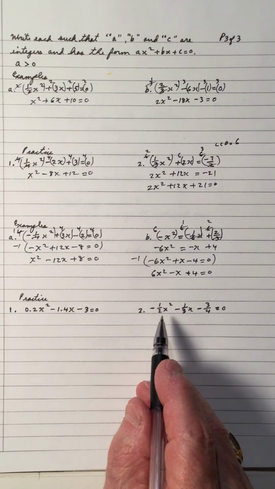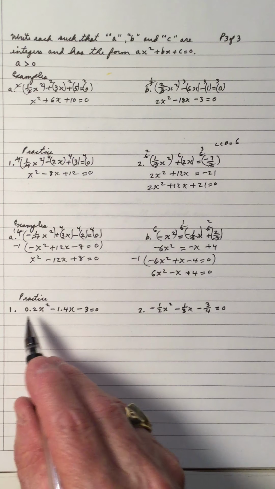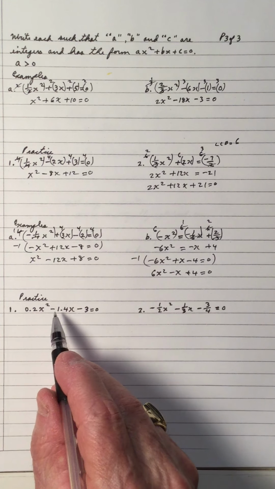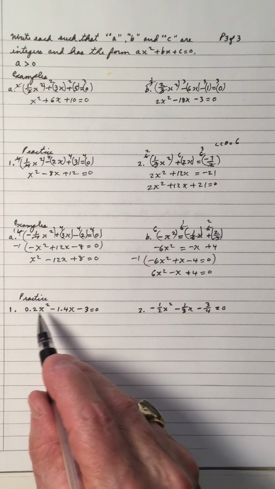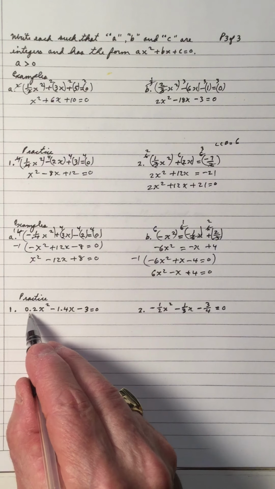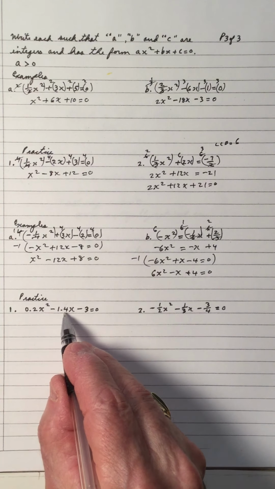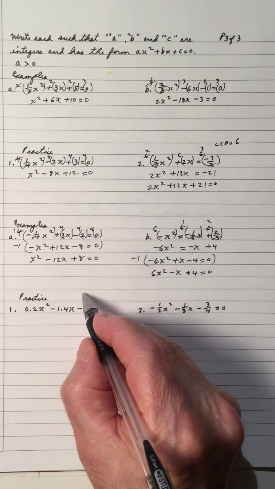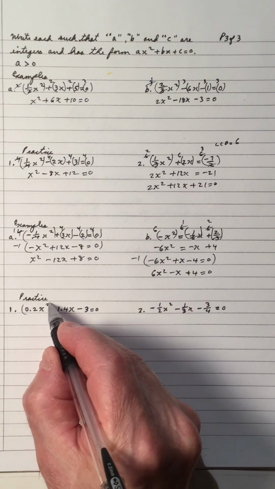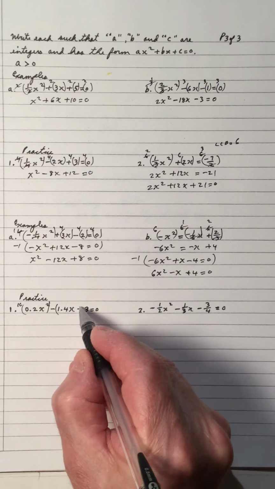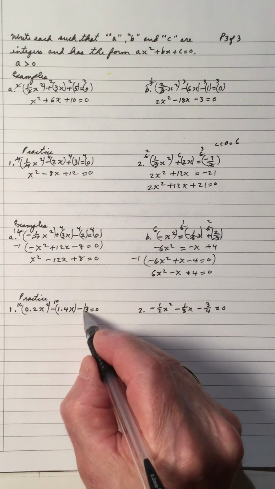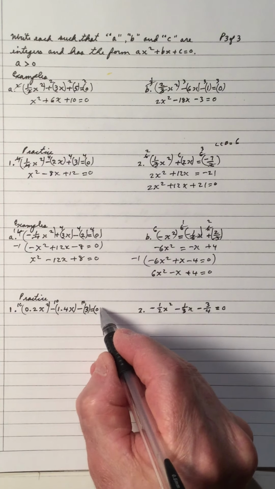And more practice. Notice now, I do not want any fractions, but also we do not want any decimals. So there's 1 decimal place here, 1 decimal place here. So I will multiply by 10. When I multiply by 10, the decimals will become whole numbers. So let's multiply each term by 10.